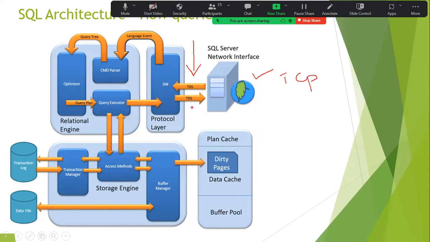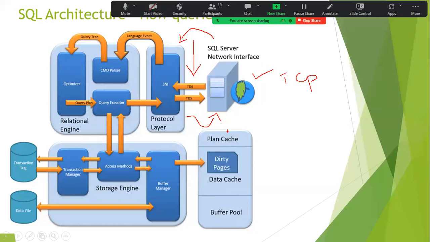It can be from the application to the SQL Server, or from the SQL Server sending the result set to the application. That result set will be sent to the application by TDS packets.